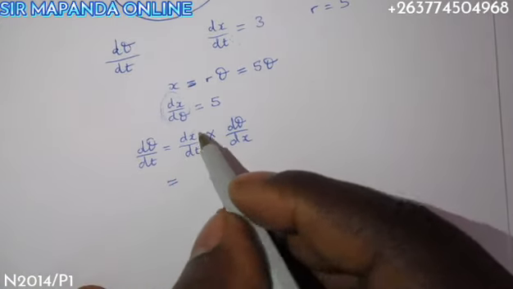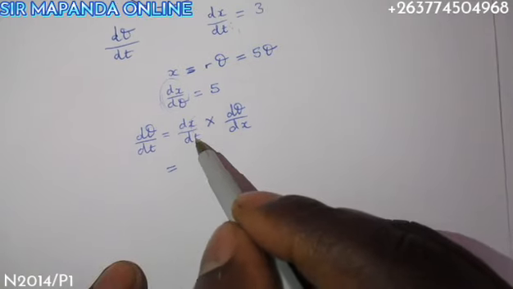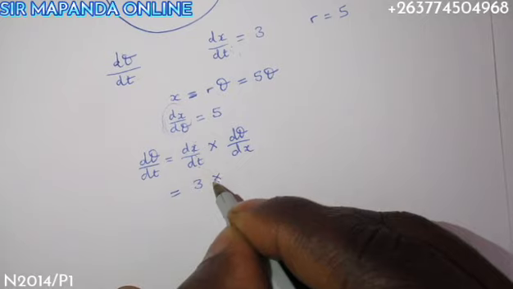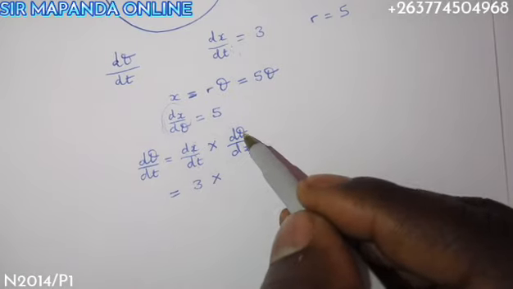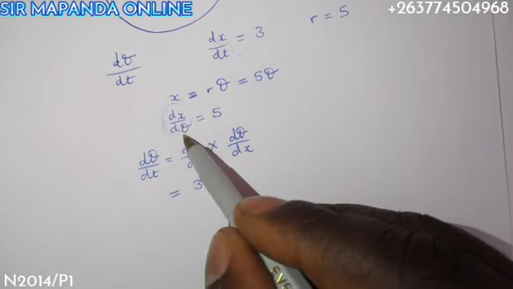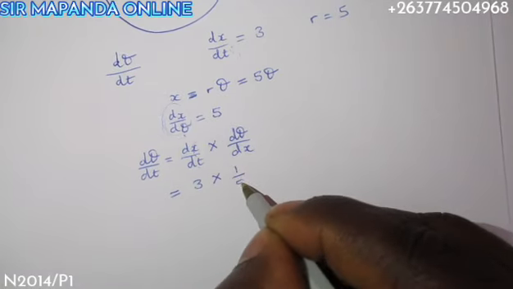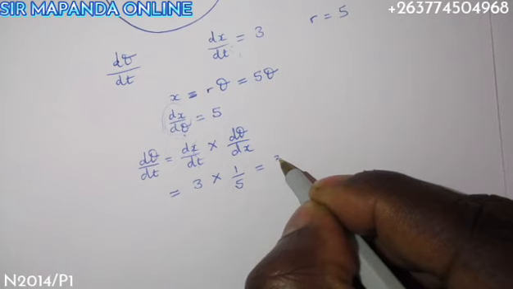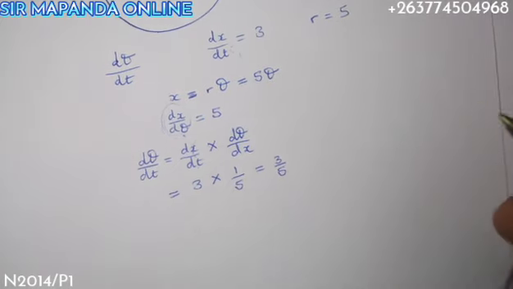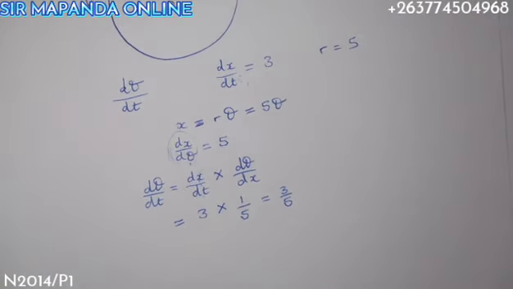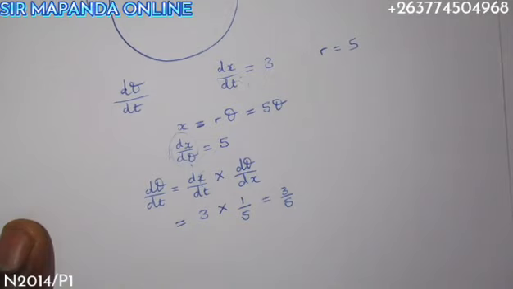Right, I hope you are following. So dx over dt is 3. You write 3 multiplied by reciprocal of dx over d theta. Since this one is 5, it means reciprocal is 1 over 5. You get 3 over 5. And this is your rate of increase of theta with respect to time. I hope you are following, class.